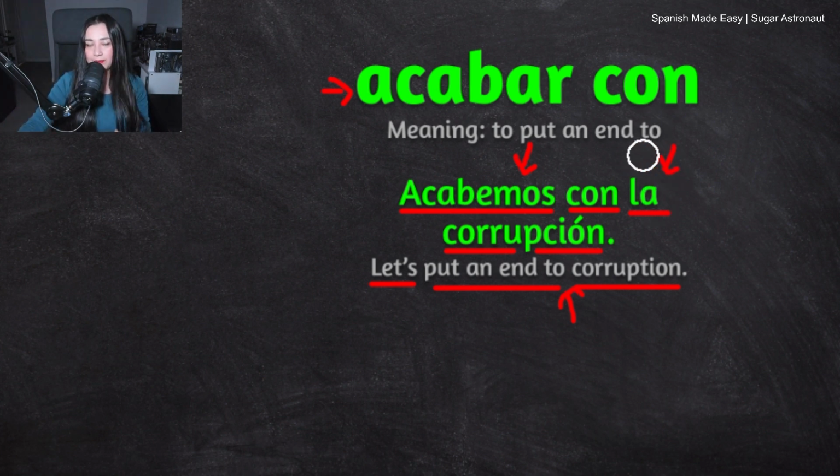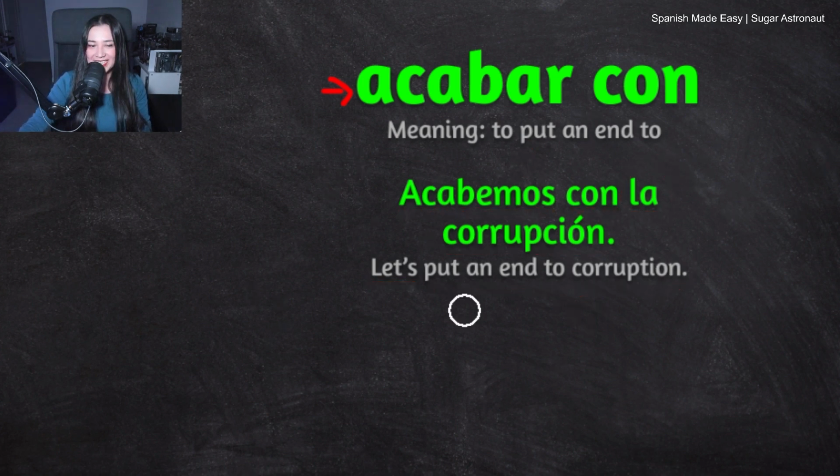So it's good to pay attention to those little details. When using certain phrasal verbs, you can see that you need an article there. If you say acabemos con corrupción, it doesn't make sense. It sounds incomplete. People can understand what you're saying, but it sounds incomplete. Acabemos con la corrupción. Let's put an end to corruption. Okay?